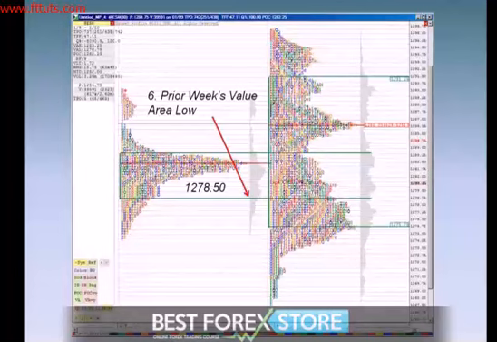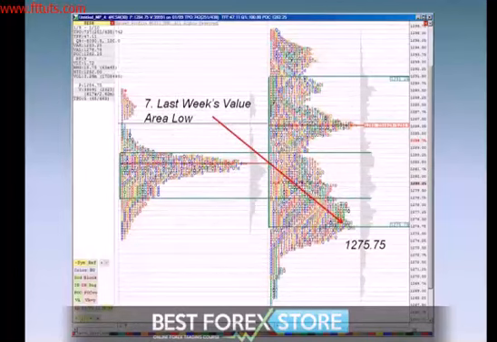We take a look at the prior week and extract from it all of these key numbers so that we know where we need to pay special attention in the market and monitor what's going to happen at these key price levels or key price numbers in the market.